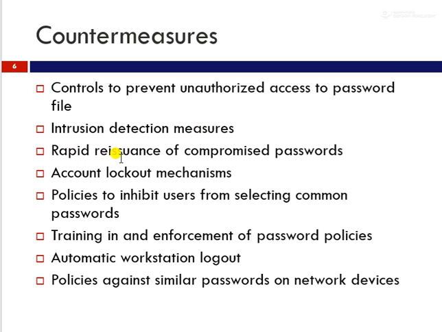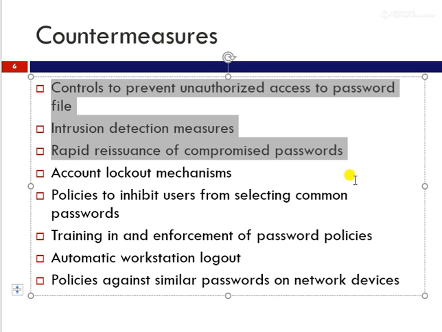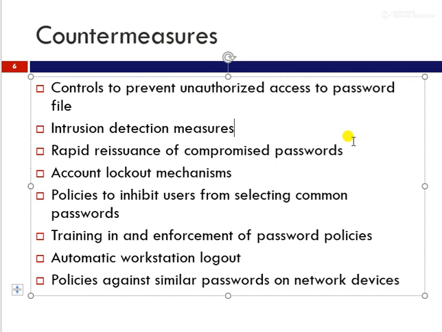And rapid reissuance of compromised passwords: if you find out that your password file has been stolen, the first step is to reissue passwords or ask all users on the network to change their passwords immediately. So these three can be considered countermeasures for the offline dictionary attack.